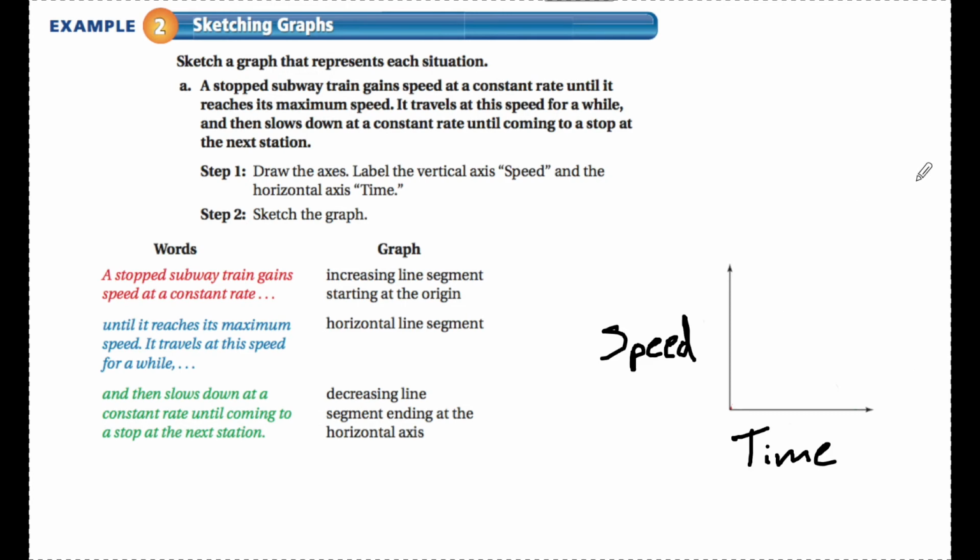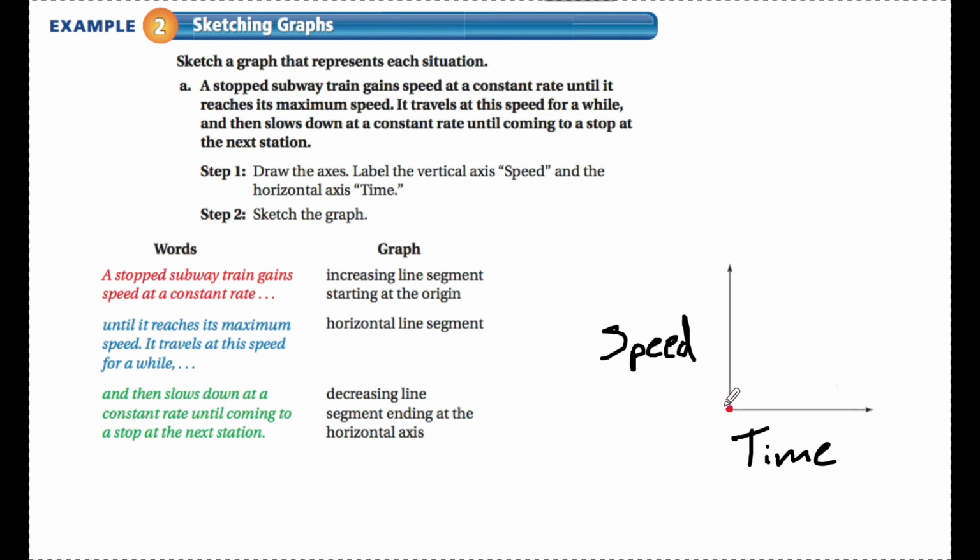Now we need to sketch the graph. To sketch the graph, we have to break apart the situation into different sections. So a stopped subway train gains speed at a constant rate. That's our first section that we'd have to graph. Okay? So a stopped subway train, it's stopped, which means it starts right here, starts at 0, and then it increases.